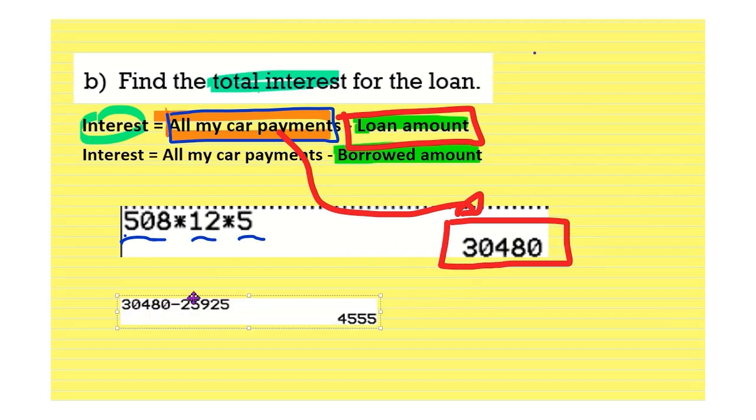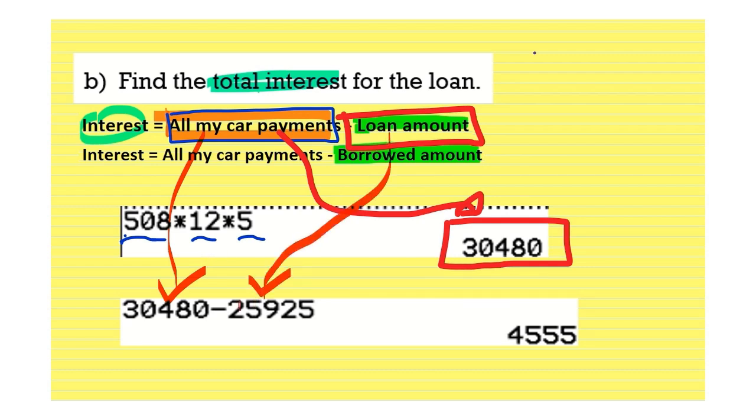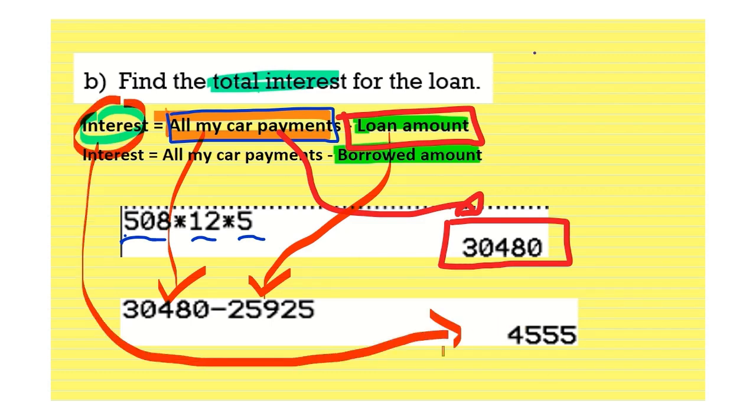So all my car payments are this figure, and my loan amount is this figure. So I'm going to subtract those two things, and that is going to give me an interest amount of $4,555. That is the total interest that I will pay for my car.